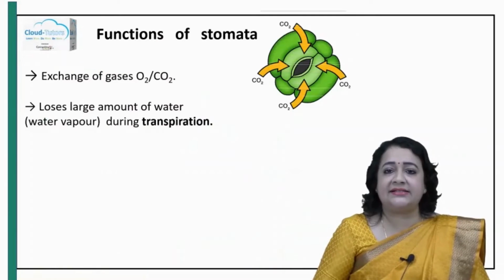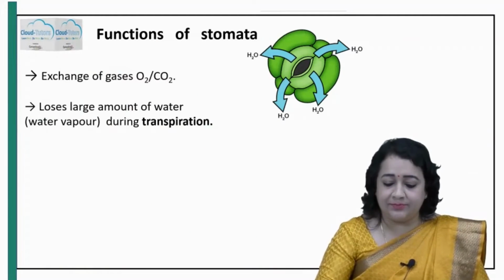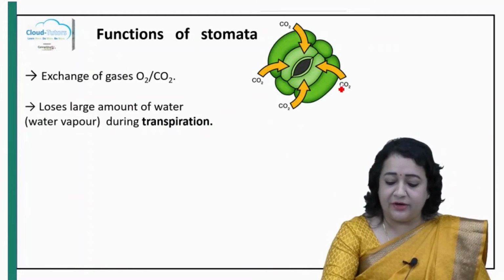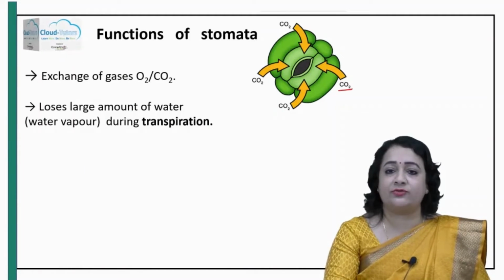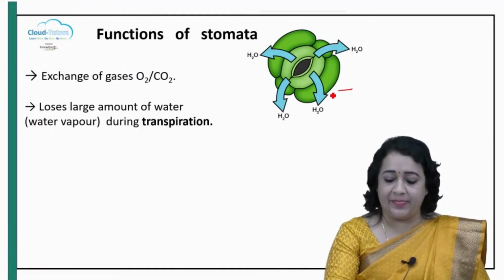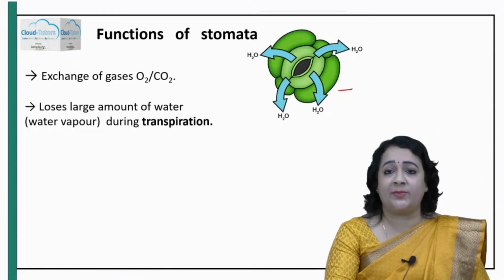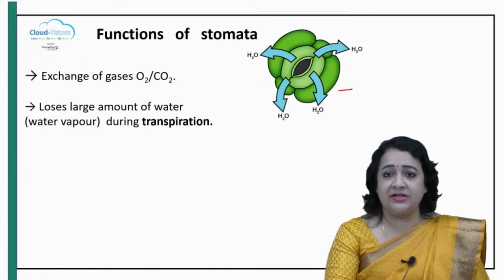Now let us understand the functioning of stomata. If you see here, you can see that carbon dioxide is getting in, that is for the process of photosynthesis. So exchange of gases happens through the stomata. And you can see that the water is coming out. That is nothing but the water vapor during transpiration.